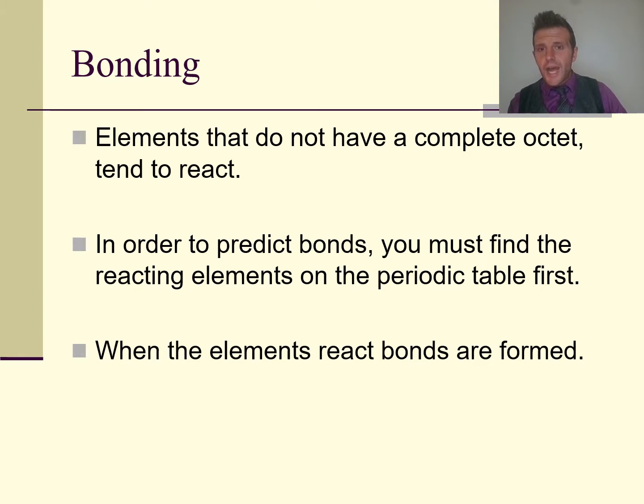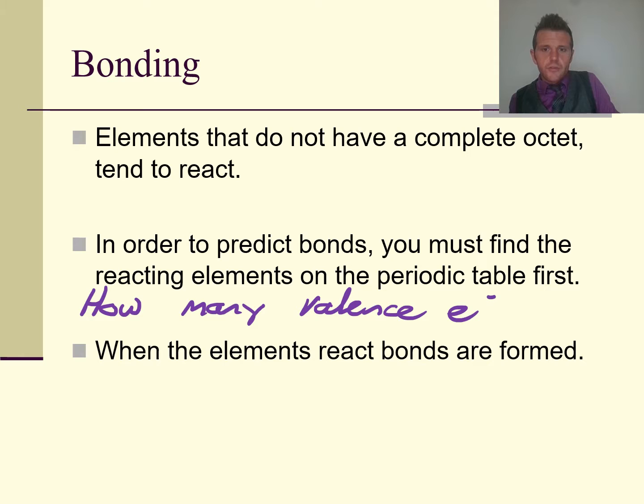All right, so this is a review. Elements that do not have a complete octet tend to react, meaning they will want to gain electrons or lose electrons to have a complete octet. In order to predict bonds, you must find the reacting elements on the periodic table first. And then when you find them, what you really need to know is how many valence electrons.